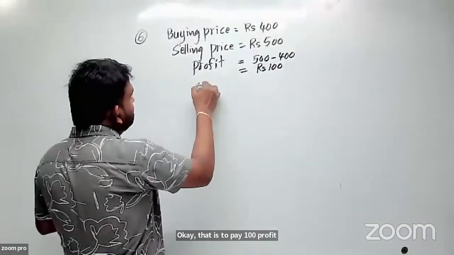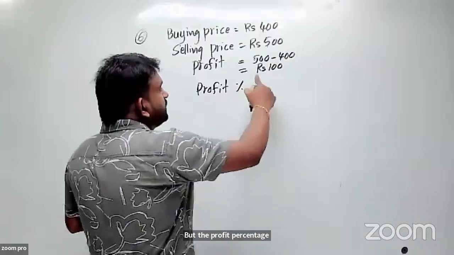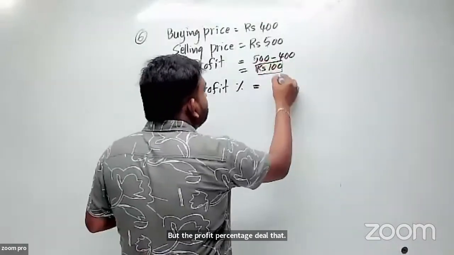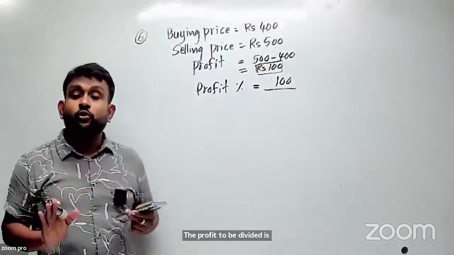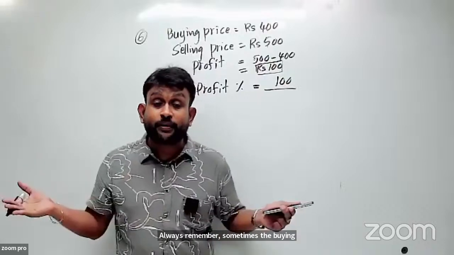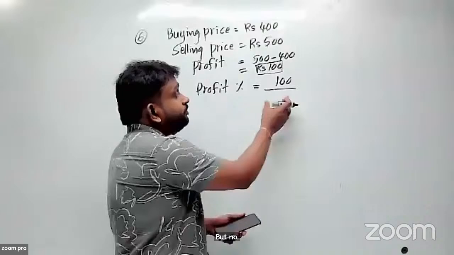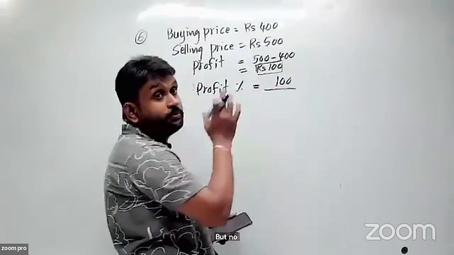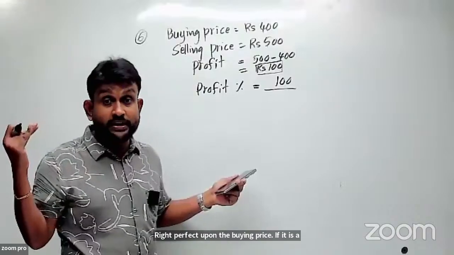But for the profit percentage, the profit is to be divided by the buying price. Profit is 100, divided by the buying price. Always remember, sometimes the selling price is more, sometimes less when a loss happens, but no problem. Always take the buying price to the bottom: profit upon the buying price. If it is a loss, loss upon the buying price, not the bigger value.